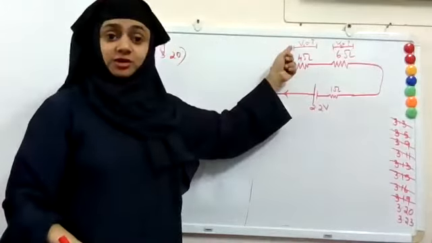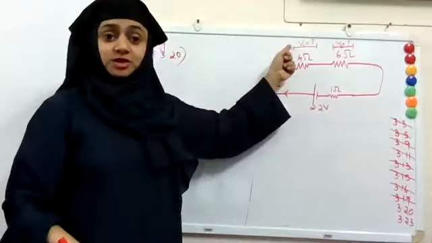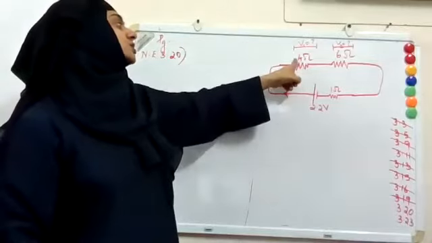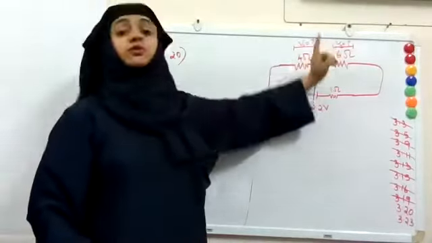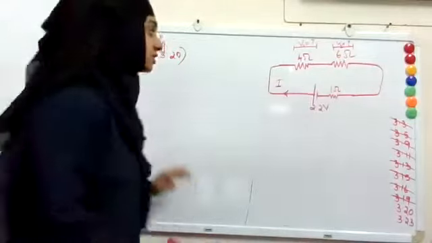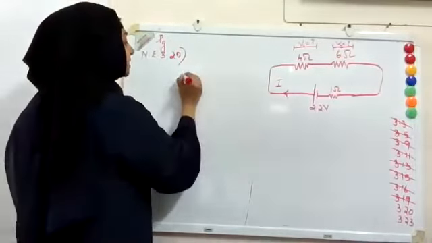We know that. How will you find the voltage across the resistance? Current times resistance, right? So what we have to find out here is first we have to find the current. Then you can find the voltage as current into this resistance will give you V1, and current into this resistance will give you V2. So which formula will you use to find the current?